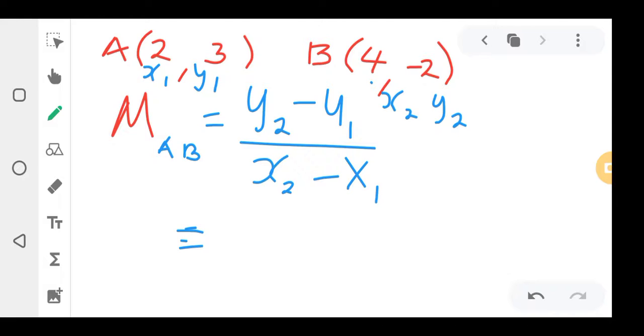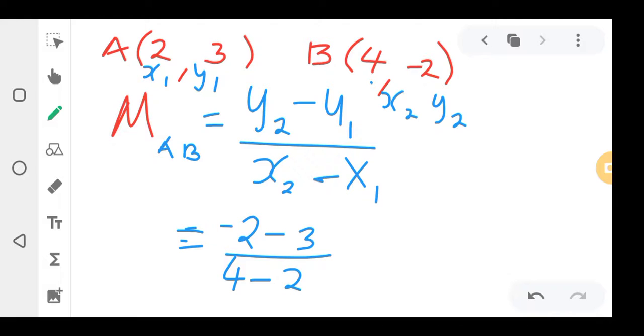So you substitute them. What is my y2? My y2 is -2, so where there is y2, I put -2, minus. Where there is y1, I put 3, over. What is my x2? My x2 is 4, minus my x1, which is 2.